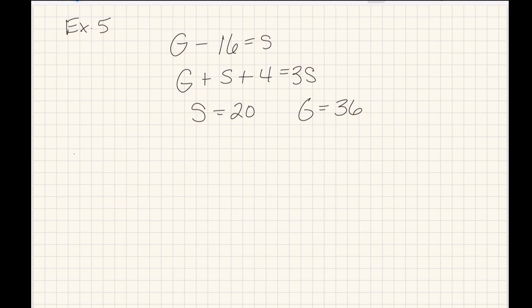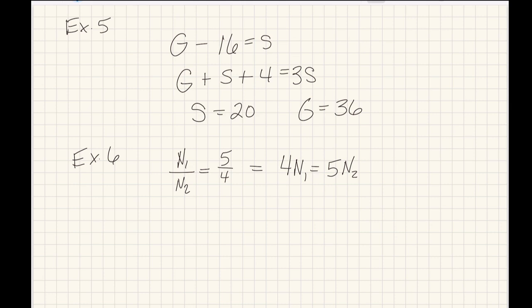One more example. Example number 6. The ratio of two numbers is 5 to 4, and the sum of the numbers is 63. What are the numbers? So when we are finding this, we say that the ratio of number 1 to number 2 is 5 to 4. So if we solve this out by cross multiplication, we would get 4n1 is equal to 5n2.